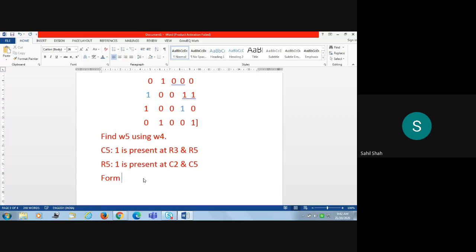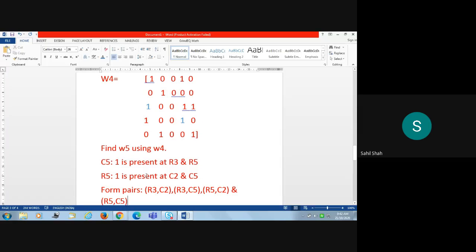From pairs R3, C2, R3, C5, R5, C2, and R5, C5. Just have a look which pairs are already present and which are absent.